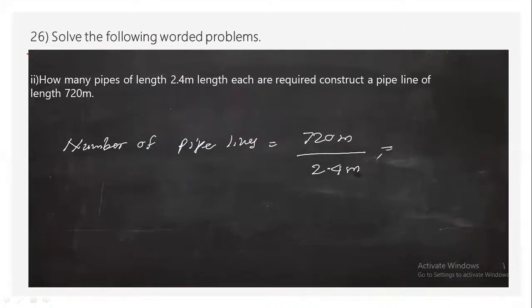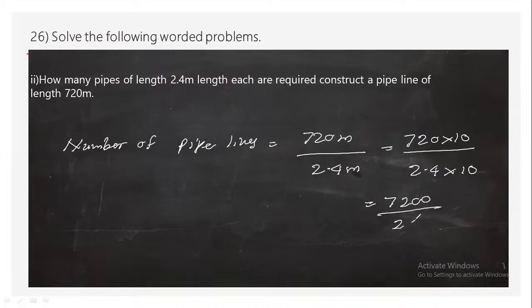To remove the decimal, multiply 720 by 10 and 2.4 by 10, then 7,200 divided by 24. How many 12s here? 2. 600 divided by 2 is 300. The answer is 300 pipes.